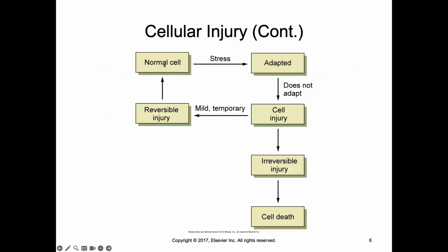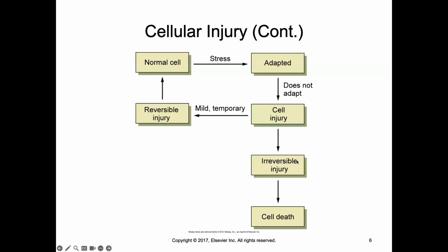You have a normal cell, you have stress, and it tries to adapt. It either does or does not adapt, and you will see evidence of cell injury. If it is a reversible injury, this is going to be a mild and temporary change and will return to being a normal cell. But if it is an irreversible injury, the cell is going to die.